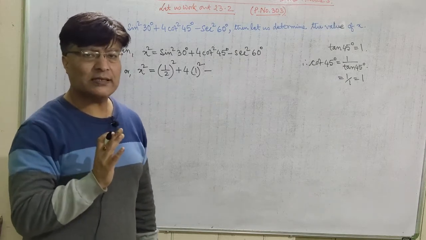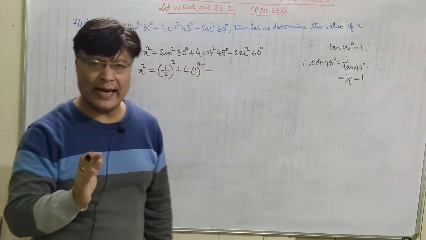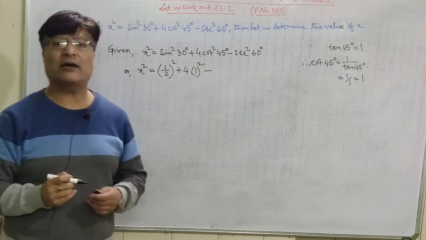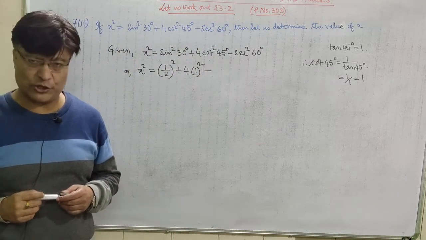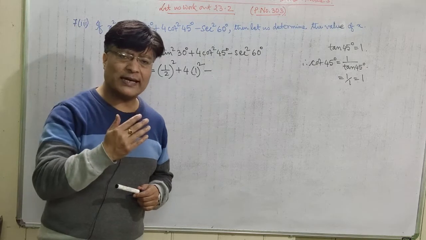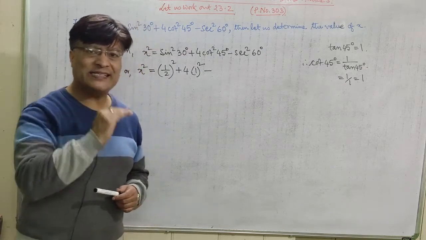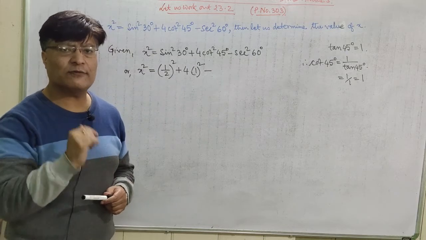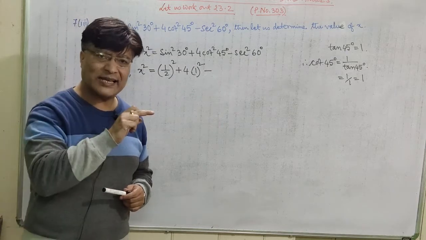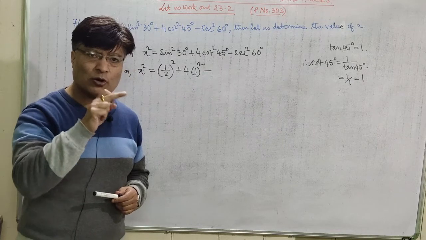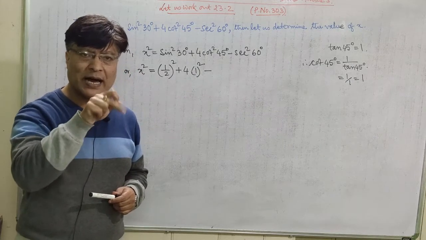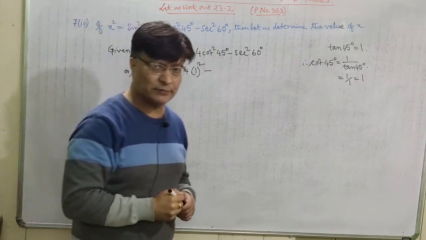Now what is the value of sec 60 degree? So now you know that cos 60 degree and sec 60 degree are opposite trigonometrical ratios. And you know that the value of cos 60 degree is 1 upon 2. And sec 60 degree is just the inverse of cos 60 degree. That is, sec 60 degree is equal to 1 upon cos 60 degree, 1 upon half, so 2 goes up in the numerator.